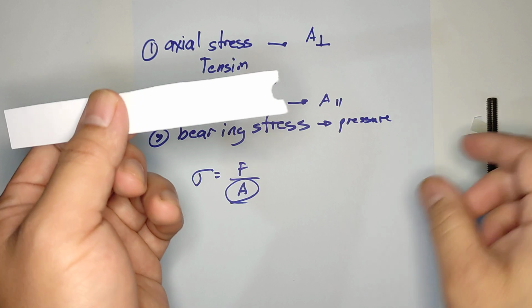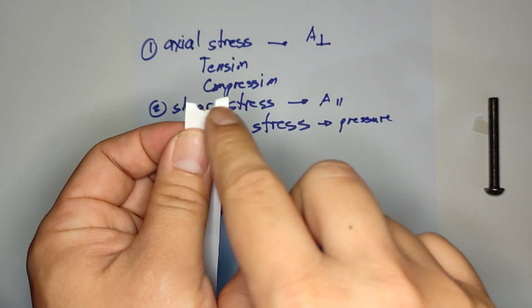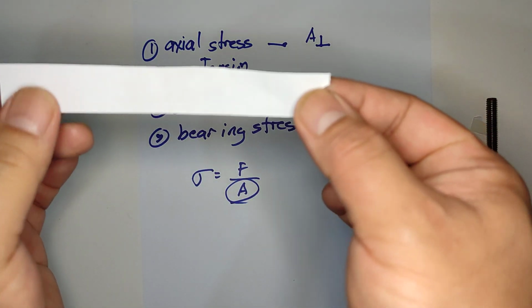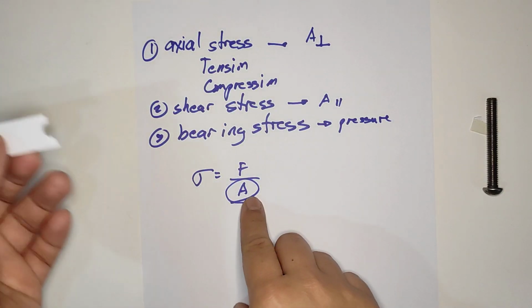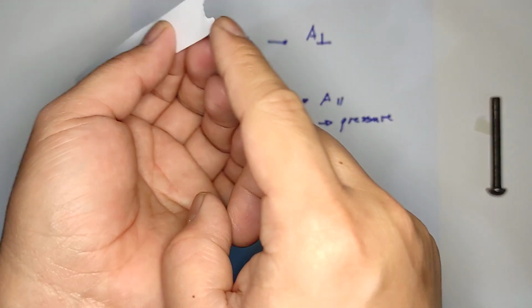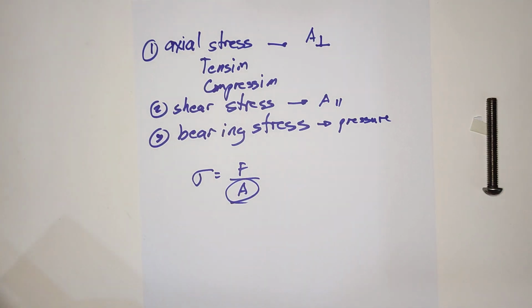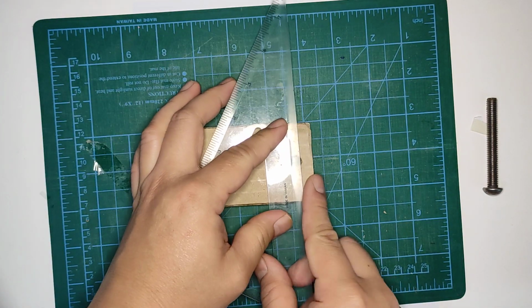It will not break here because the area is lesser here. So again, it's also a tension, axial load, but it breaks in the smaller area. Why? Because the stress is greater here, because the area is smaller.